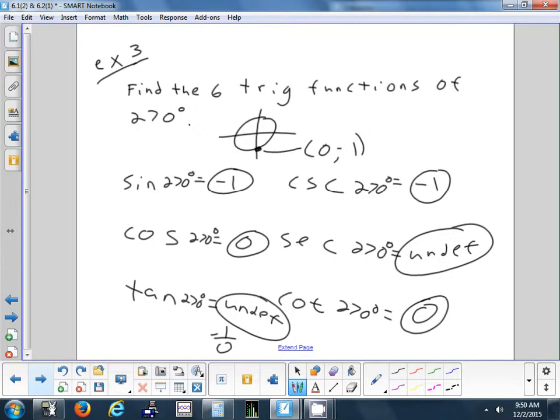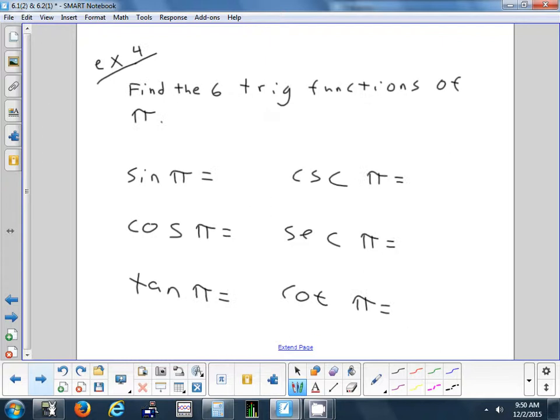We could do the same thing if it's in radians. If you don't like radians, change it to degrees, and then it's just like this problem. For tonight, every problem I give you is either going to be here, here, here, or here. Those are the only coordinates you know how to find right now, 1s and 0s.